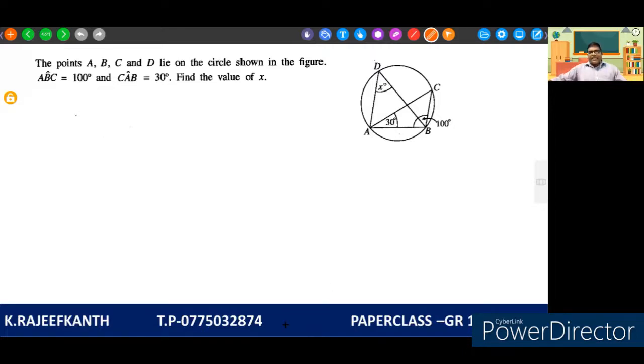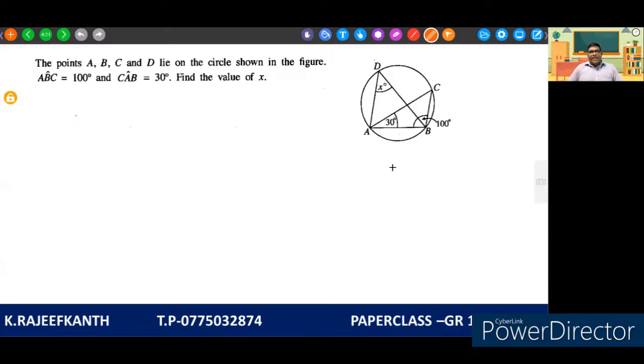Angle ABC equals 100 degrees and angle CAB equals 30 degrees. Find the value of X.